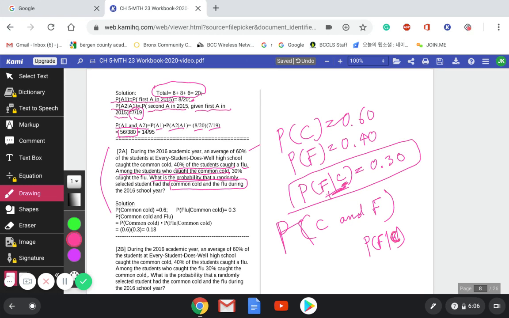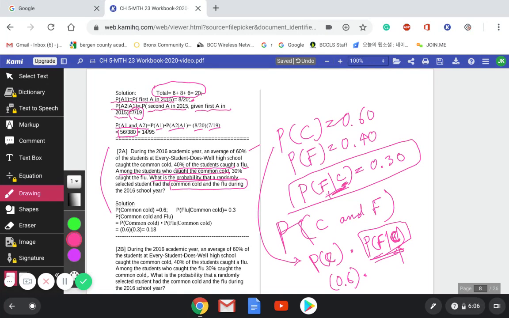as a second event, what should the first event be? The first event should match with this, right? So the first event would be the probability of common cold. How much was the common cold? Common cold was 0.6, and you multiply it by the probability of flu given cold.